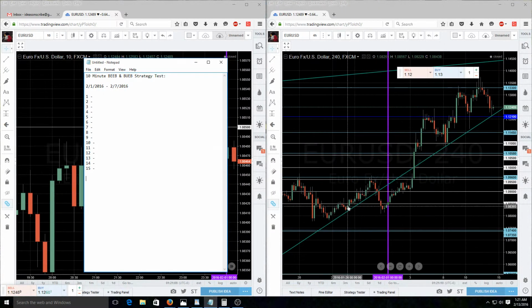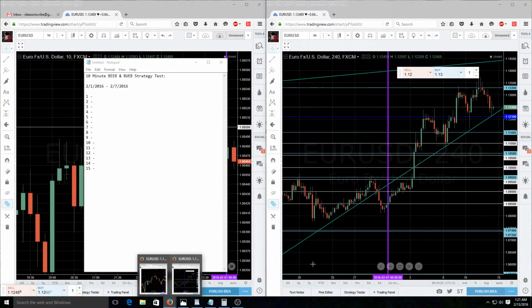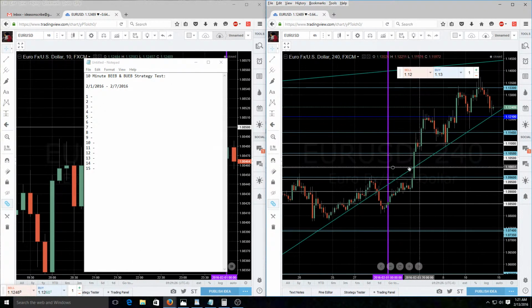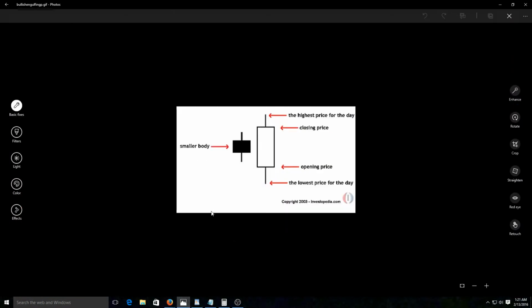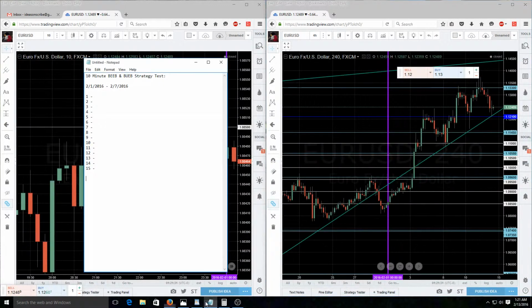So anyways, I placed it there just in case we find the candles that we're looking for at those levels. This is actually the 4-hour that I was looking at. This particular chart is not going to be relevant once I start backtesting. This is just to chart everything so that on the 10-minute I will see the lines and everything to give me an idea of where I'm going.